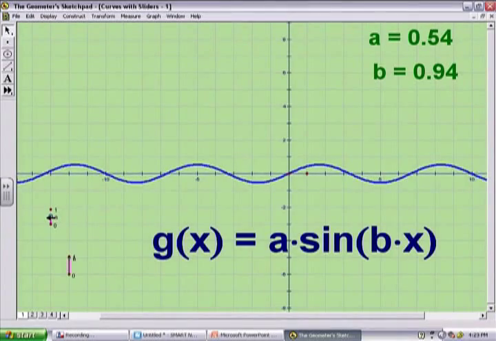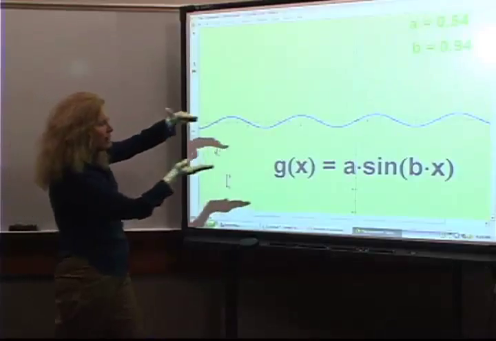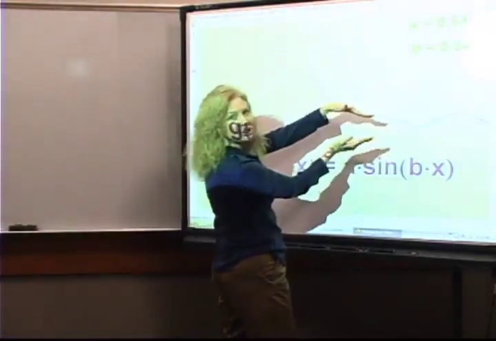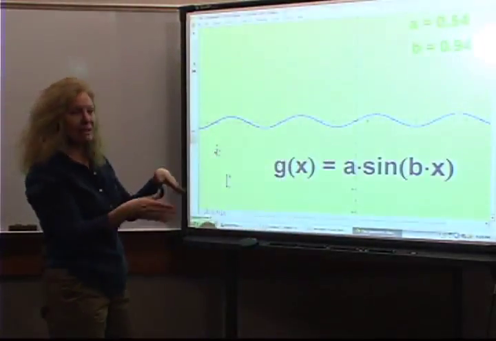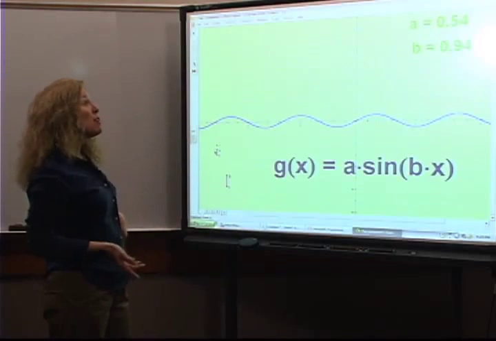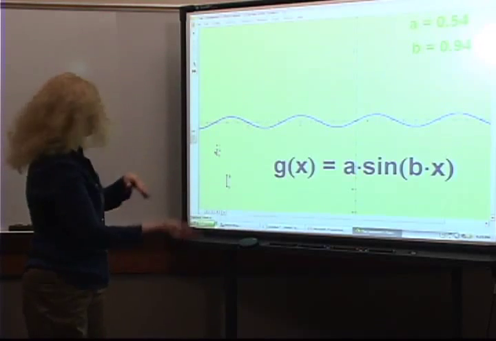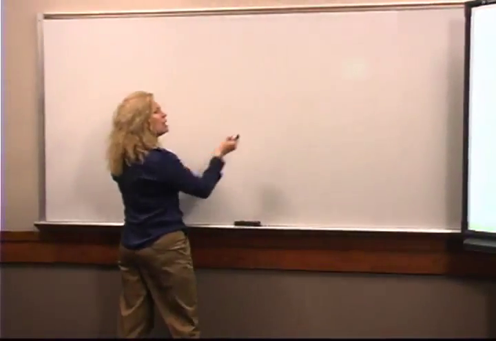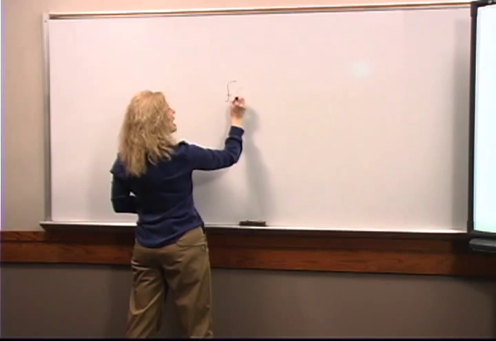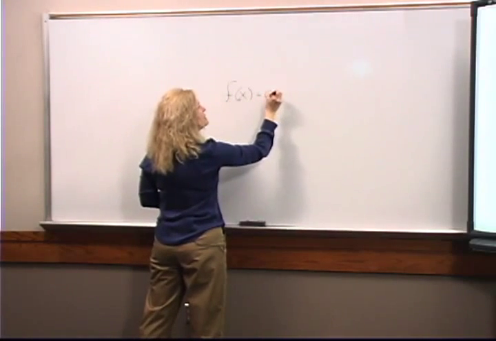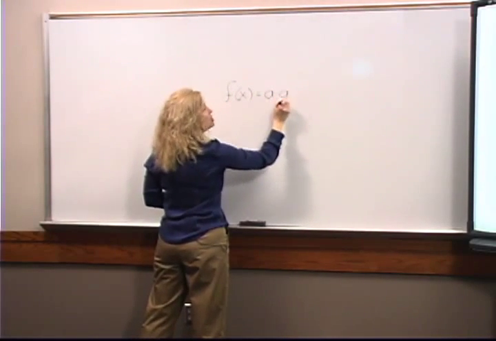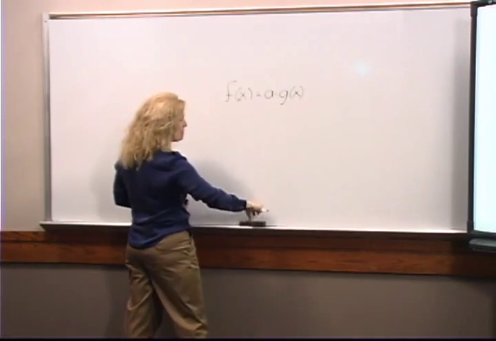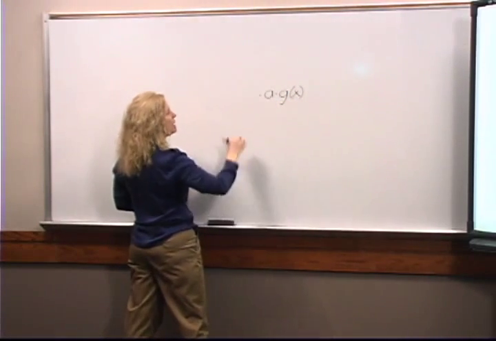And then if my A value is less than 1, look at what it did. It essentially scrunched it. Instead of scrunch, we might say compressed. So if my A value is less than 1, here's what we've discovered. If I have f of x equal to A times some other function, I'm sorry if you don't like this, maybe instead of f of x I can call this y.